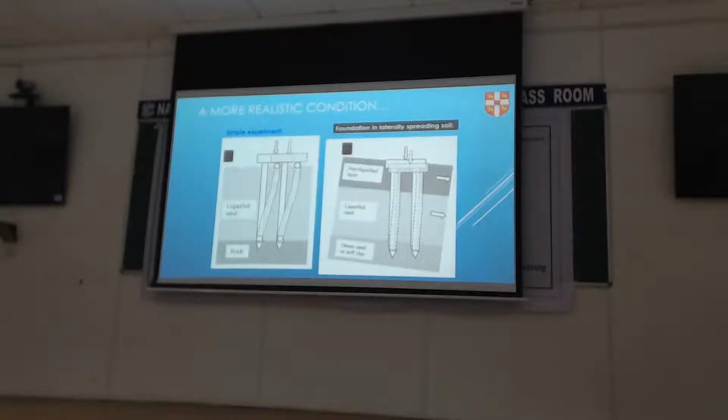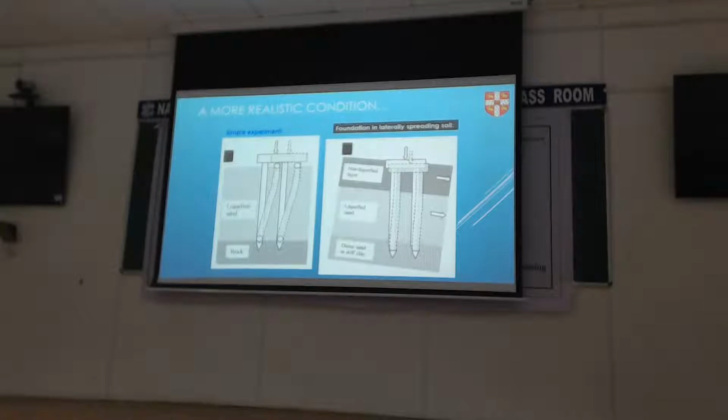But a more realistic case would be something like this, where I got a non-liquefiable layer on the top, which wants to go down slope. I got a liquefied sand that wants to go down slope, and I got this dense sand which is not going to go anywhere. And the piles typically go through that.